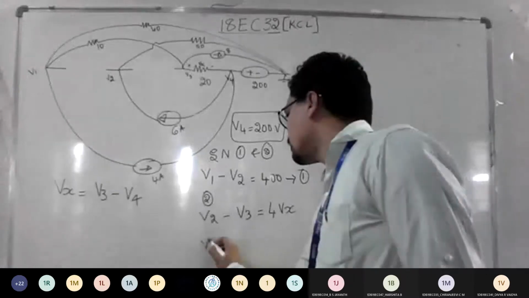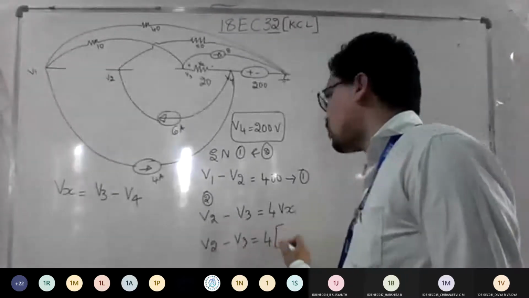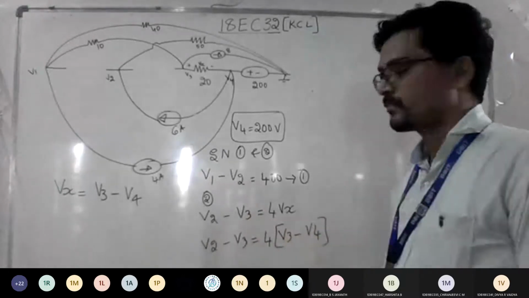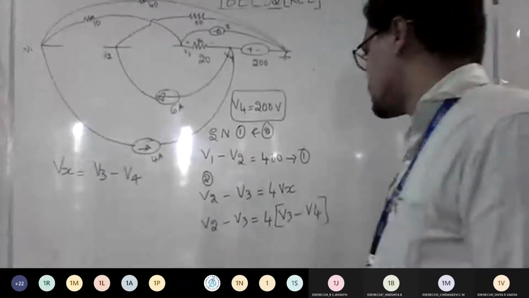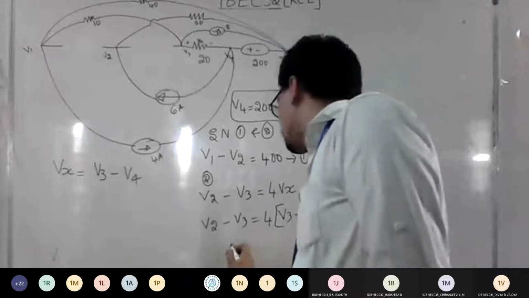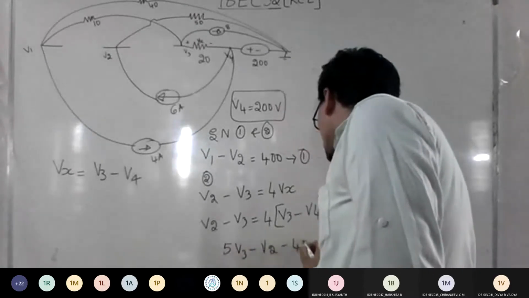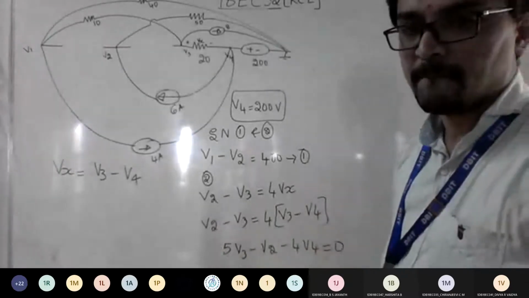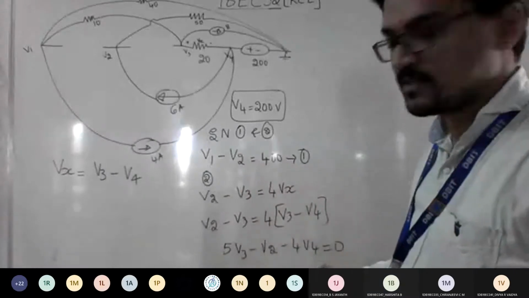Second supernode: V2 minus V3 is equal to 4 times Vx. It says V3 minus V4. You just simplify this. Am I correct till here?